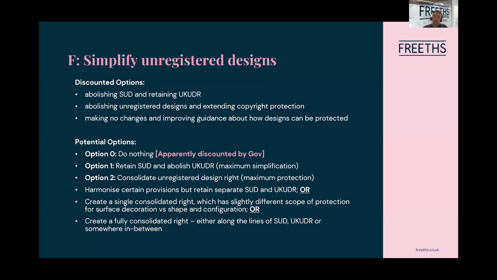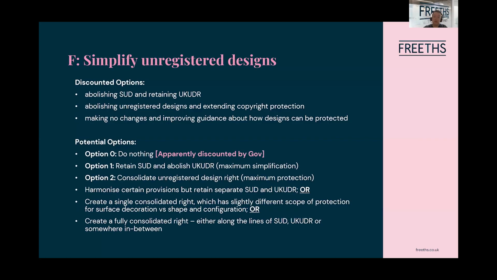Within that option 2, there are various sub-options. You could harmonize certain provisions, but retain separate SUD and UK UDR, or you could create a single consolidated right, which has a slightly different scope of protection for certain things that are protected slightly differently under the current regime. So, for example, SUD protects surface decoration and UK UDR doesn't.